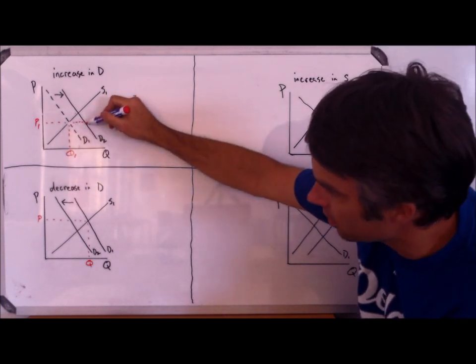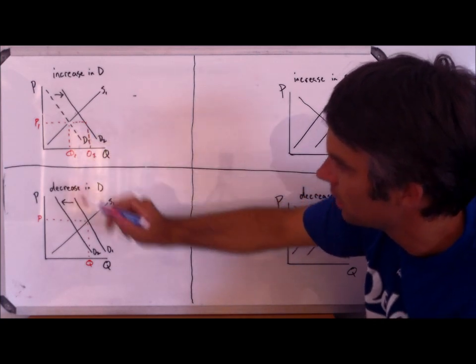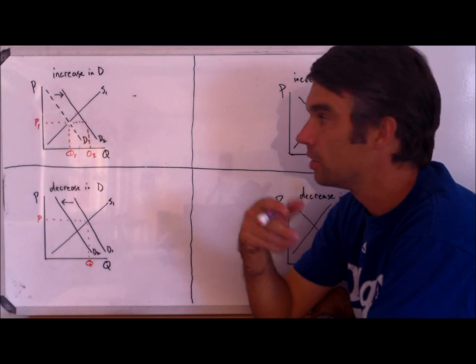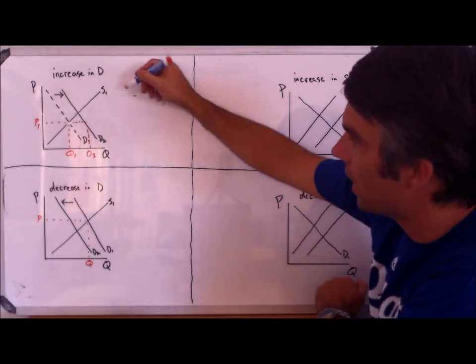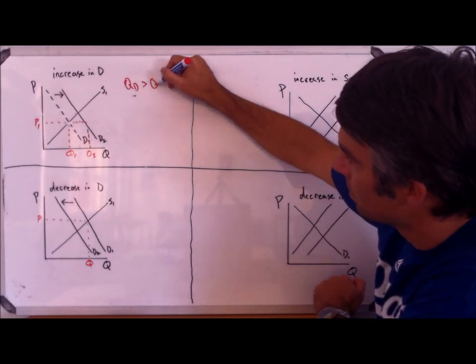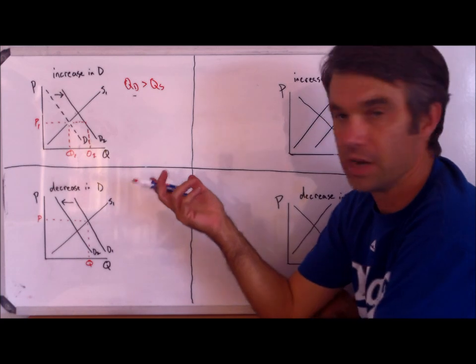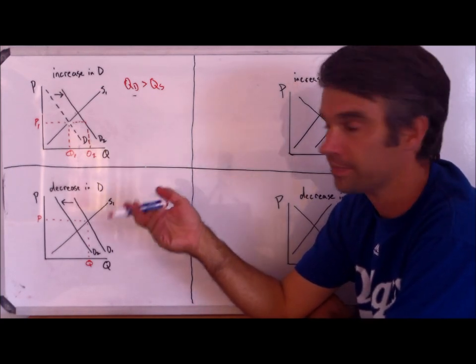And then way over here, Q2 is the quantity demanded. So what we see is that quantity demanded is greater than quantity supplied. And we know that that's our description of scarcity or excess demand.